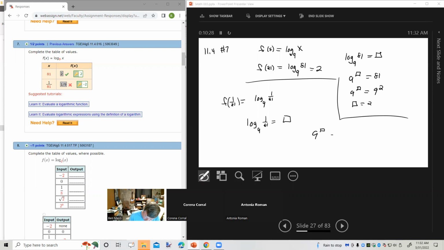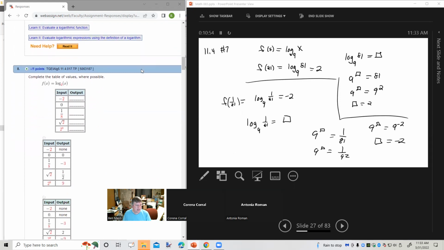So 9 to the box power equals 1 over 81. But 1 over 81 is 1 over 9 squared. And 1 over 9 squared is 9 to the negative 2 power. So therefore, the box equals negative 2. All right with that? I'll take that as a yes.